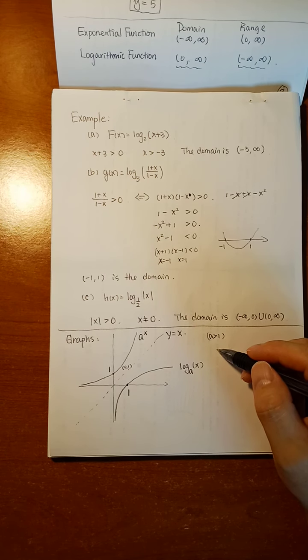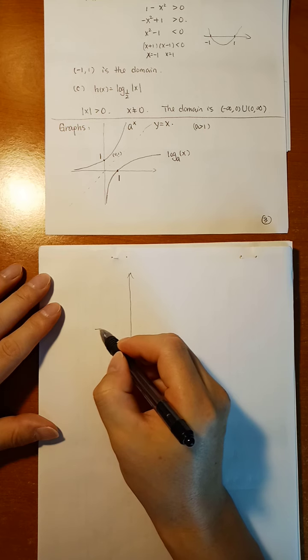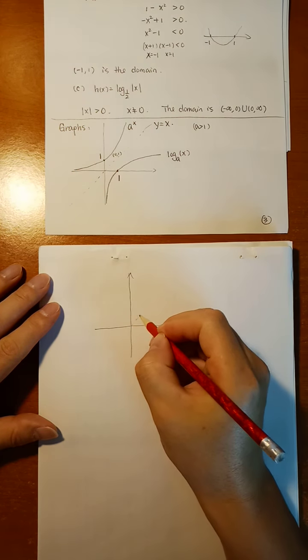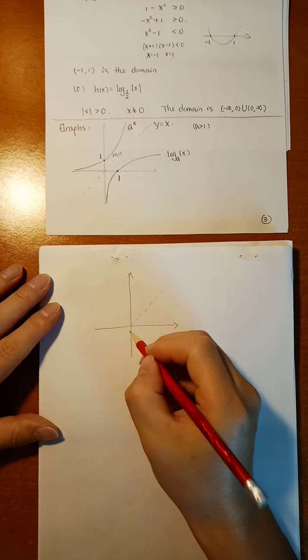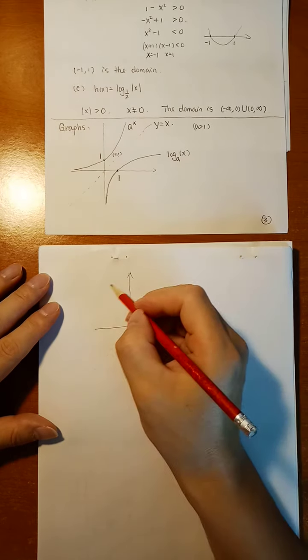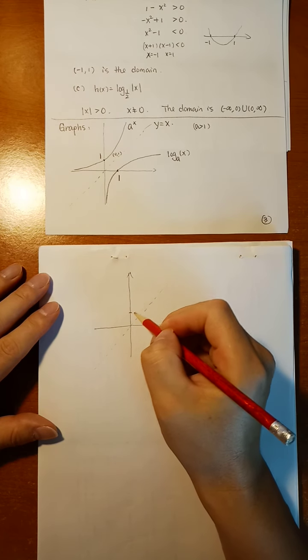Now the case when a is less than 1 and greater than 0, when a is between 0 and 1. This is number 1.